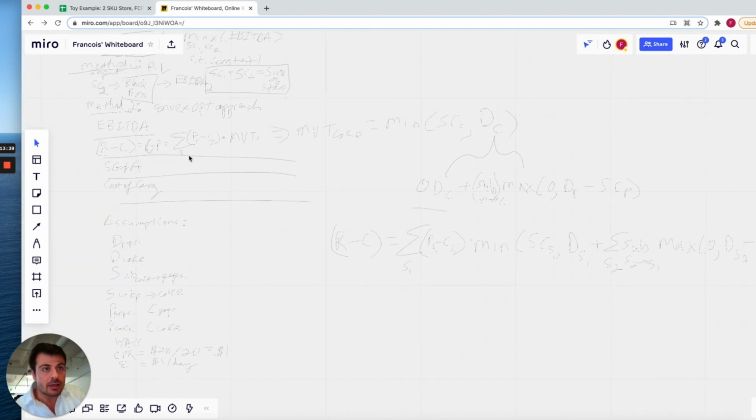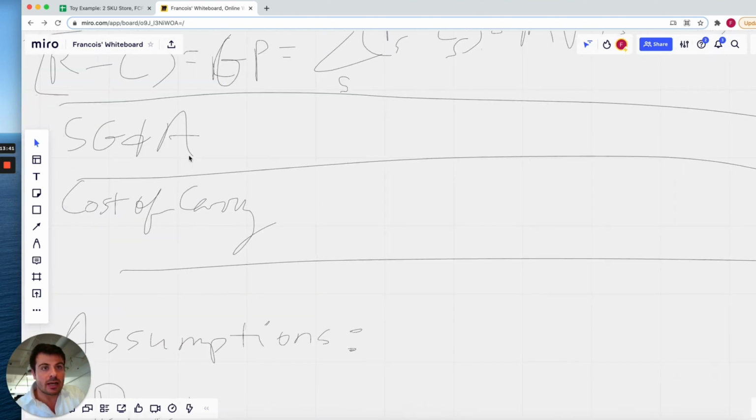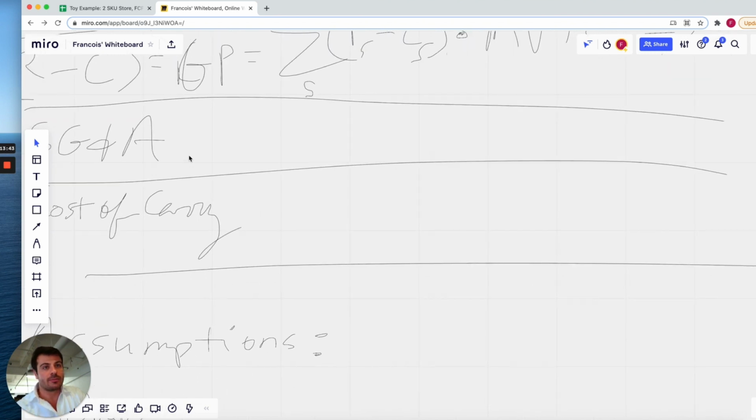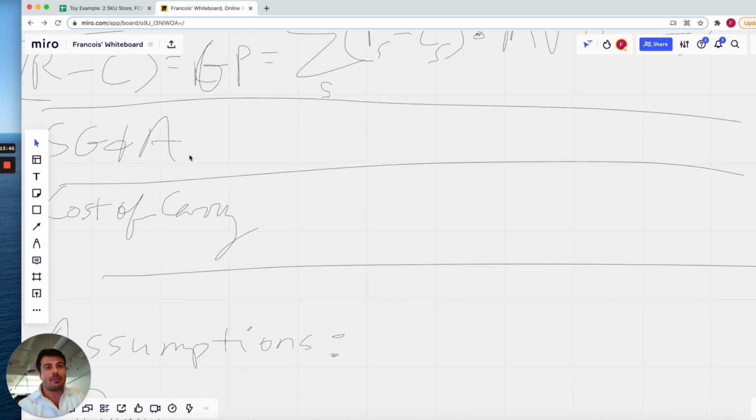We jump back here. Now we have to define SG&A and the cost of labor. So this SG&A, how much does it cost us to stay in stock on a SKU? It's not free.